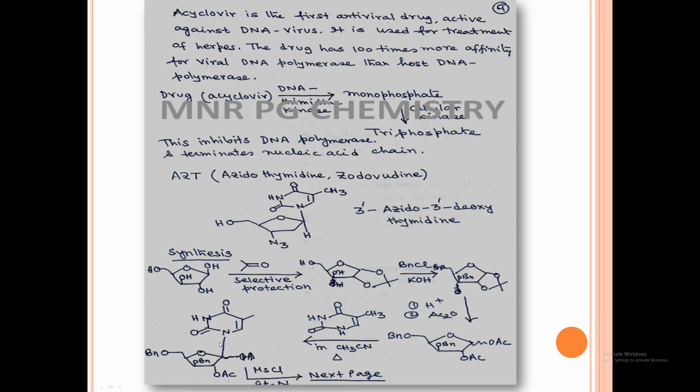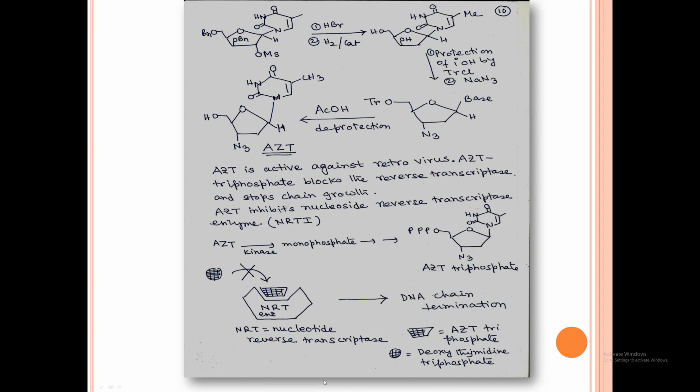Acetic acid will go, and this N is not acting as a base, it is acting as a nucleophile. So this N will be attached to this ring. Now mesylation will happen, and with mesyl chloride and triethylamine, the one more OH that was there at the second position gets mesylated.